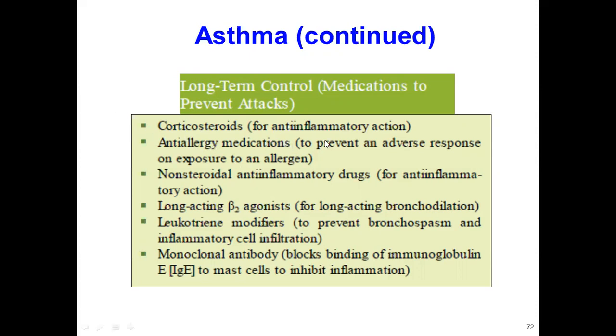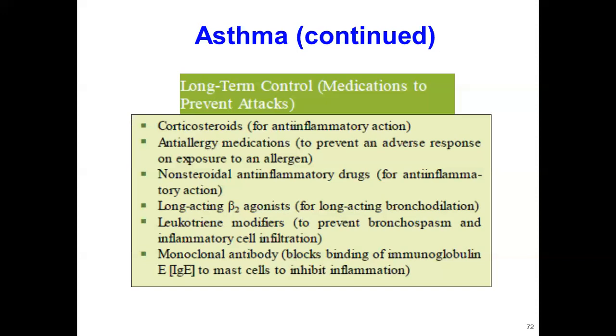Anti-allergic medication to prevent an adverse response to exposure to allergen. Non-steroidal anti-inflammatory drugs for anti-inflammatory action. Long-acting beta-2 agonist for a long-acting bronchodilator.